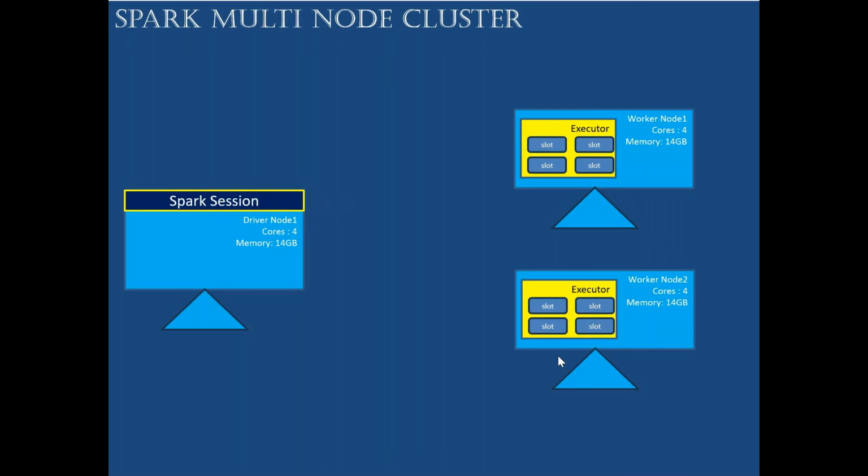Now if you look at one more thing, are driver and workers running on the same computer, or on separate computers? Separate computers. Generally in real time, when you say cluster, we take the driver and workers separately, all these machines are separated.